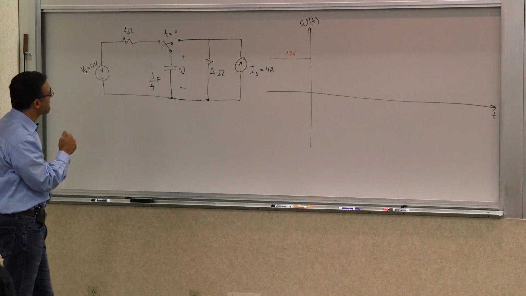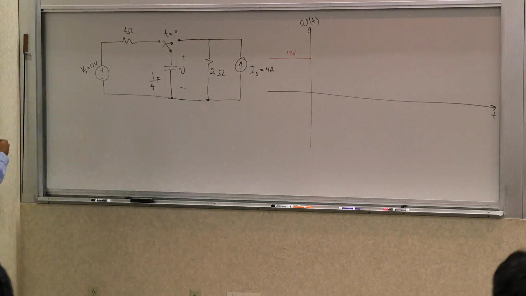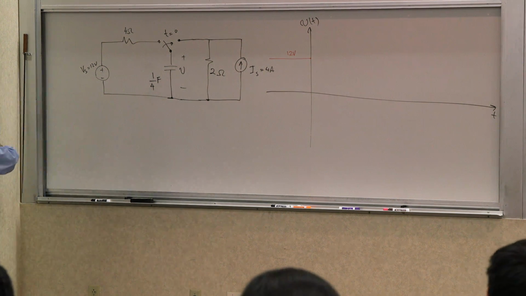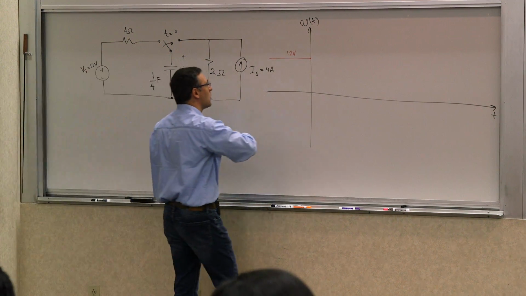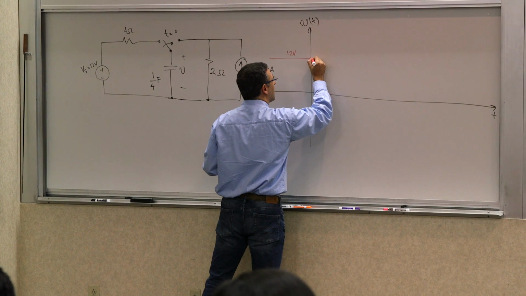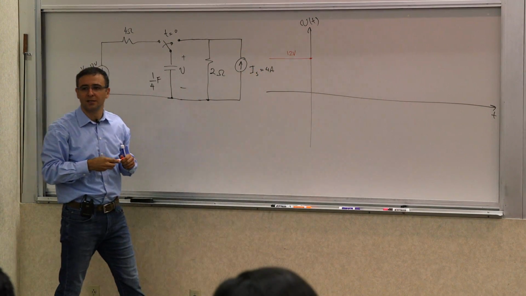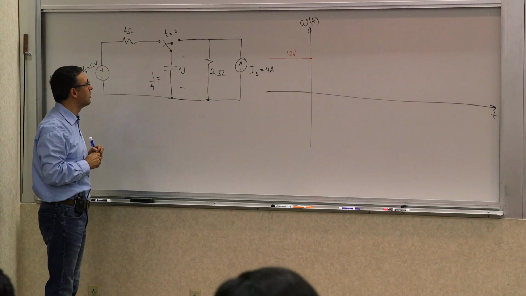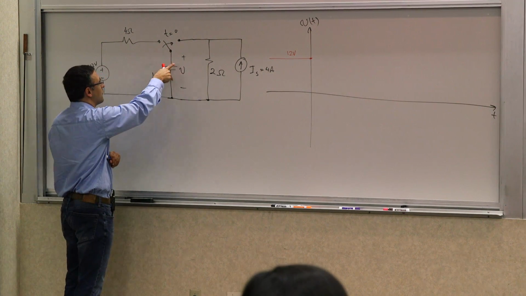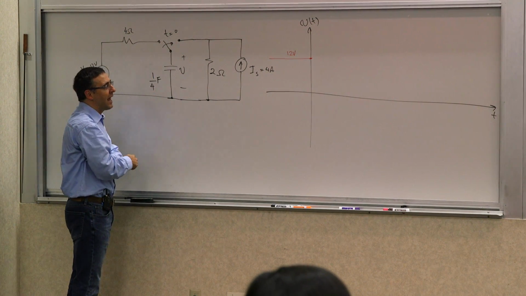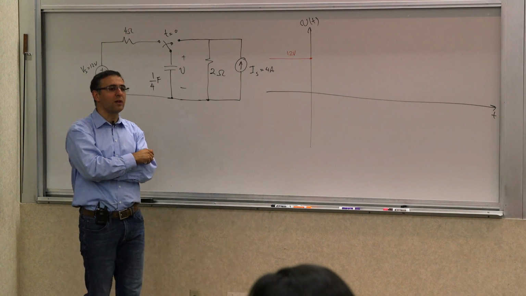So what's going to happen? There's not going to be a sudden jump. So 0 minus and 0 plus are the same. So you're going to stay at 12 volts. So what's going to happen afterwards once this switch is closed? We are starting at 12 volts, and we want to see where we are going to end up. So what are we going to use?